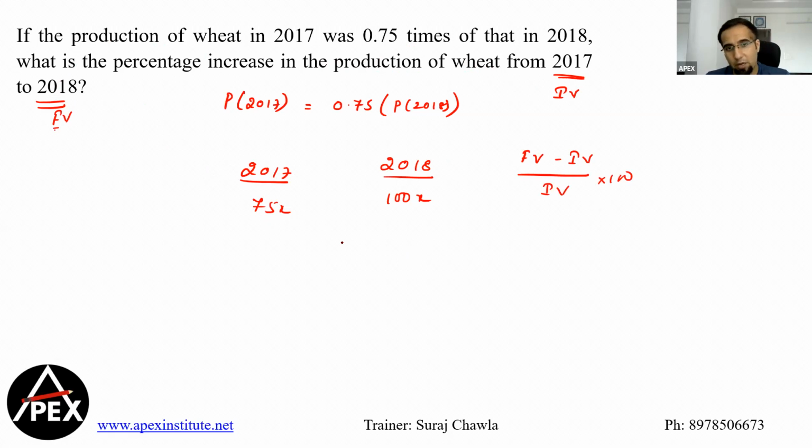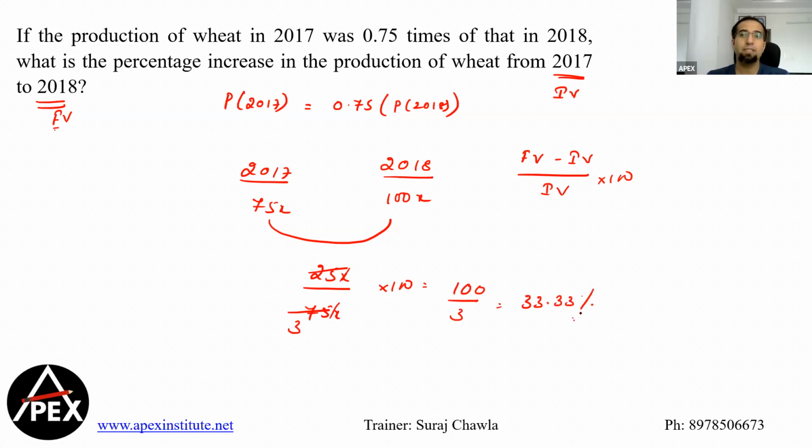Clear? So there's an increase of 25x upon a base value of 75x multiplied by 100. So x and x get cancelled, 25 ones and 25 threes. So eventually you get 100 by 3, that is equal to 33.33%. Am I clear, guys?